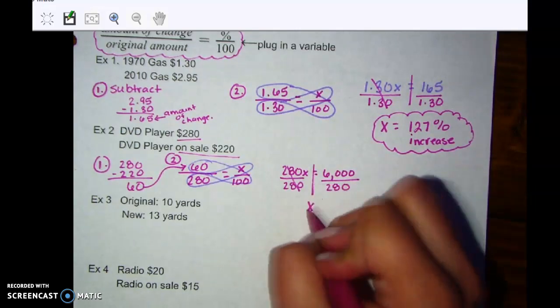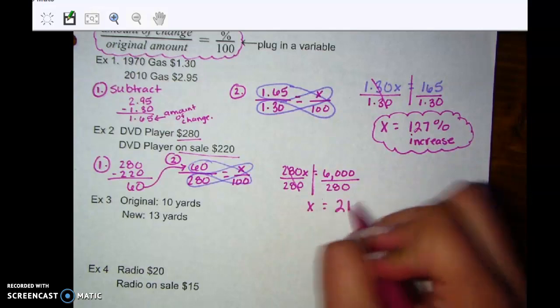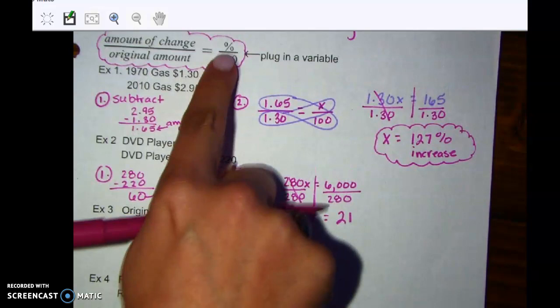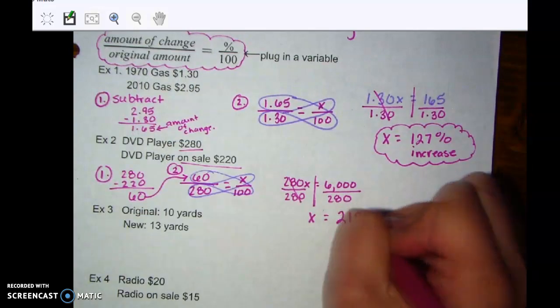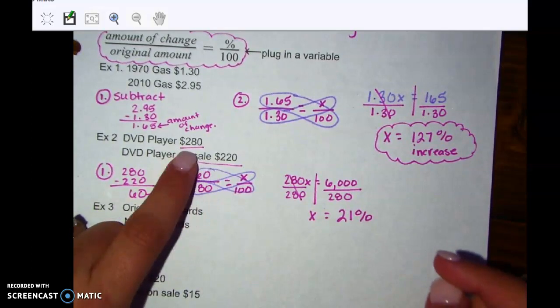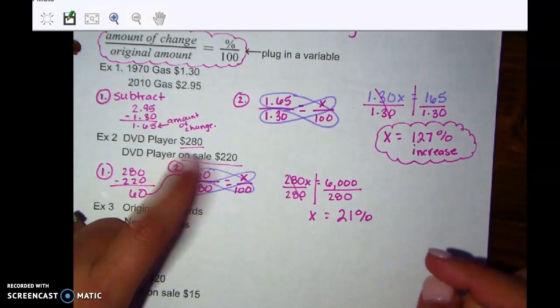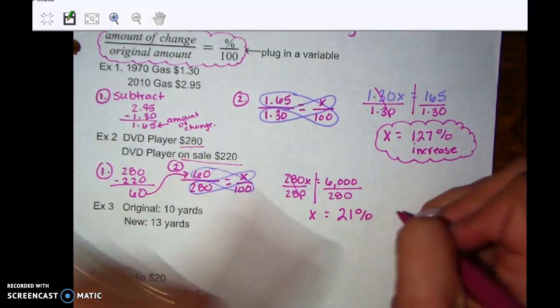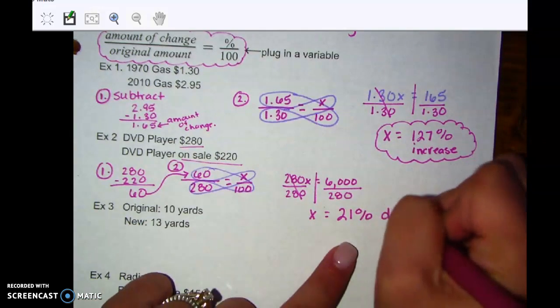And then you're left with x equals 21. And because, again, we plugged x in for our percent up here, it's 21%. And this time, do we have an increase or decrease? Because we started, our original was 280, and it dropped because it went on sale to 220. So we have a 21% decrease.